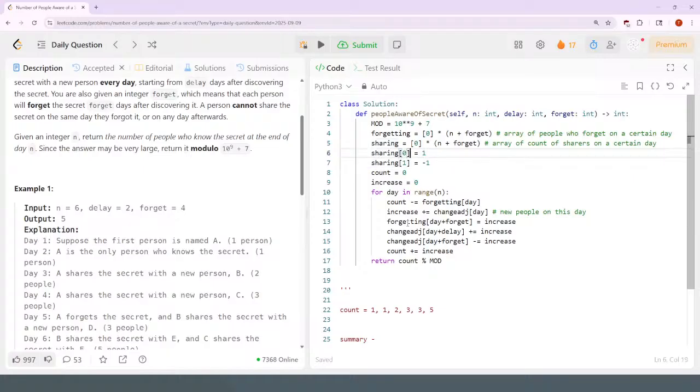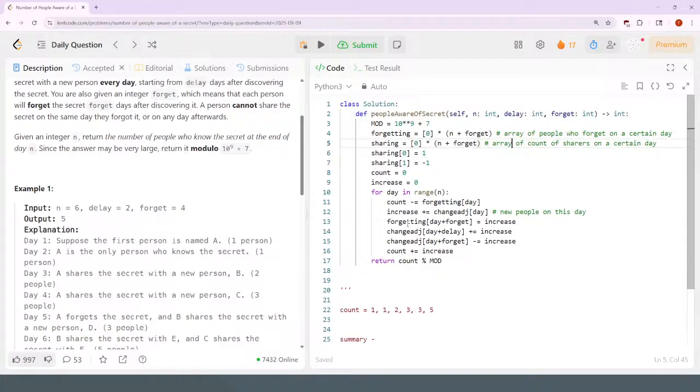So basically there's some sharing that just magically spawns that first person, and then whatever causes that first person to gain that secret no longer applies in the second day. So the shares based on that initial thing is only on that first day. So there's no one sharing the secret necessarily.